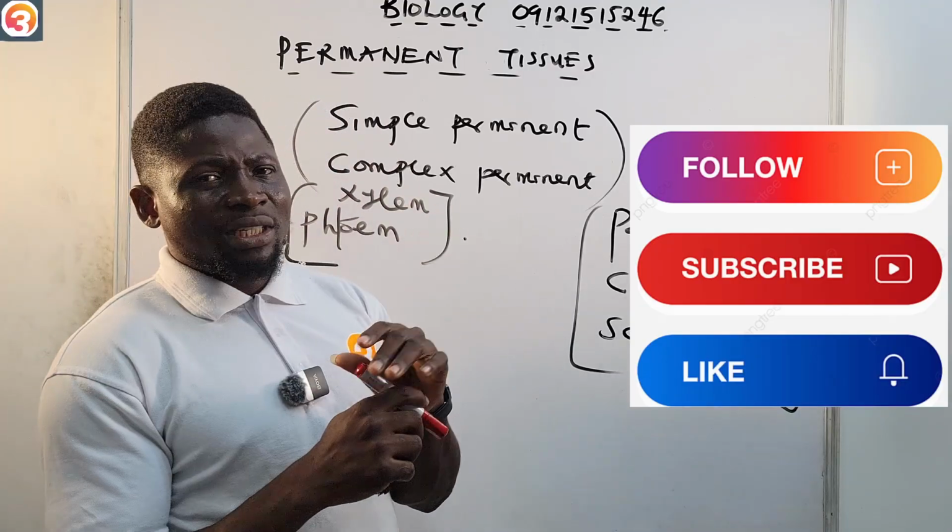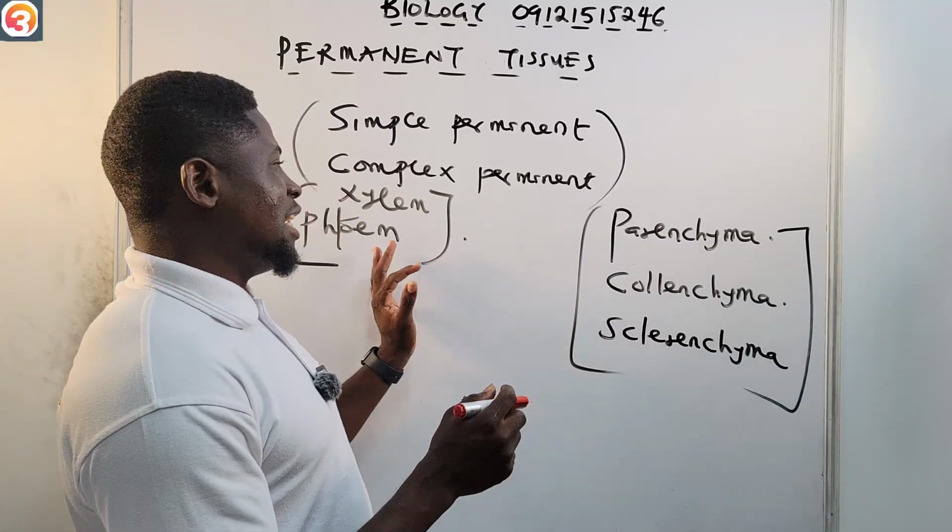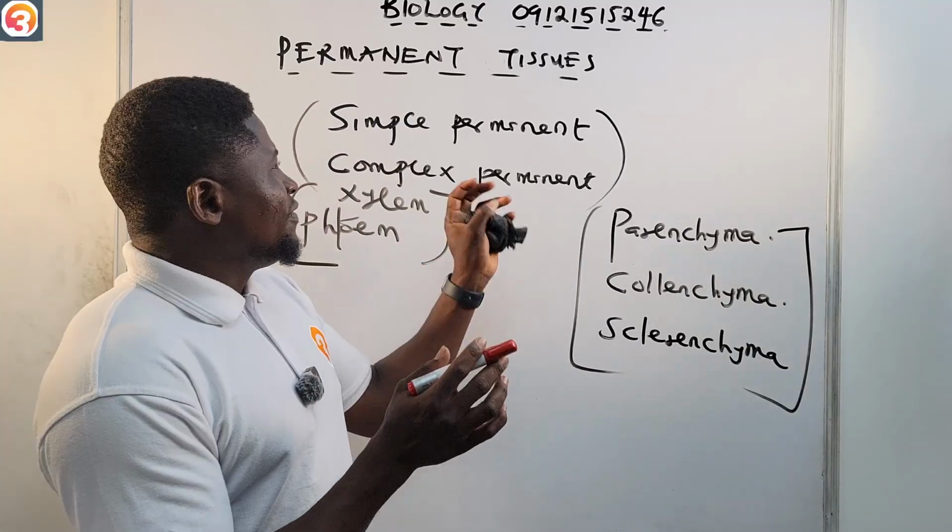Now, those are the simple permanent tissues, and those are the complex permanent tissues, xylem and phloem. What is the difference between these two?